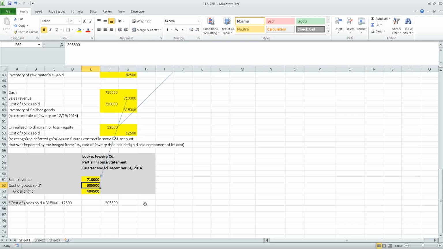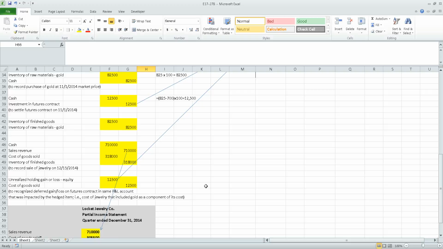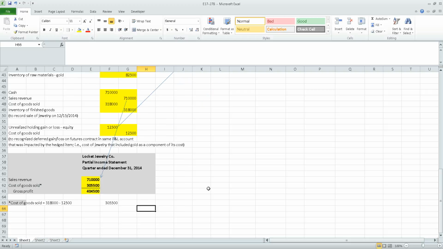In other words, the hedging gain that we sustained of $12,500 offset the economic loss that we sustained because the market value of gold went up from $700 an ounce to $825 an ounce.